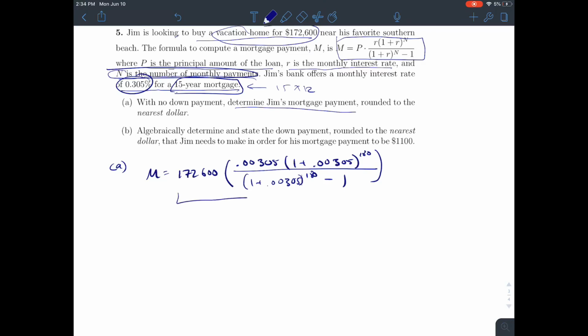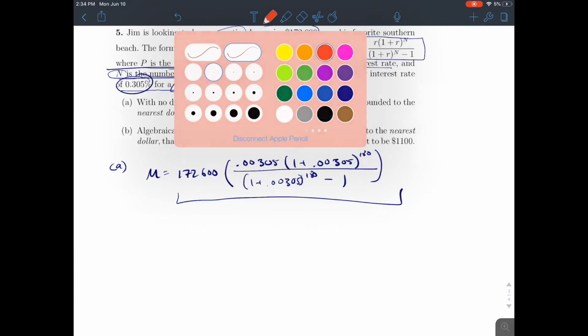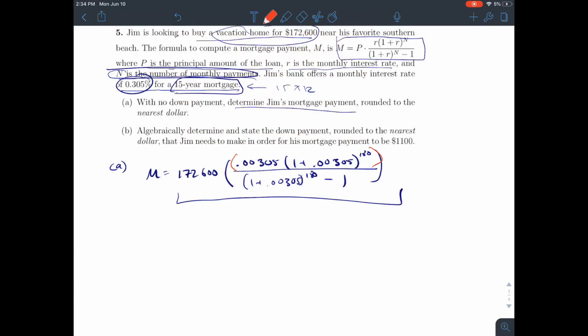So this whole side is actually just numbers. So as long as you're careful about how you put this in on the calculator, using parentheses here and parentheses here, you should be able to compute it all at once.